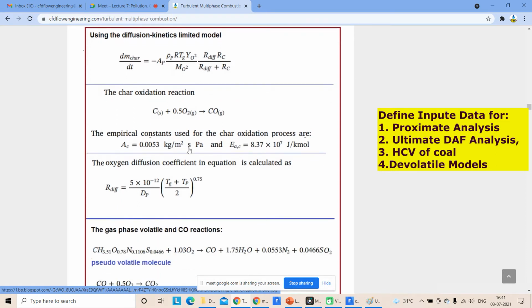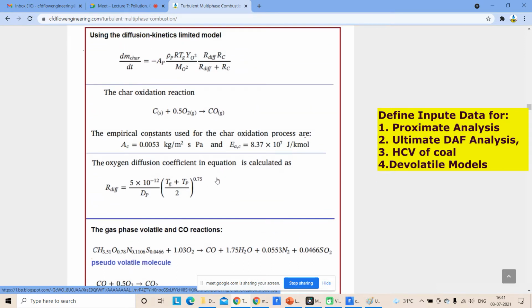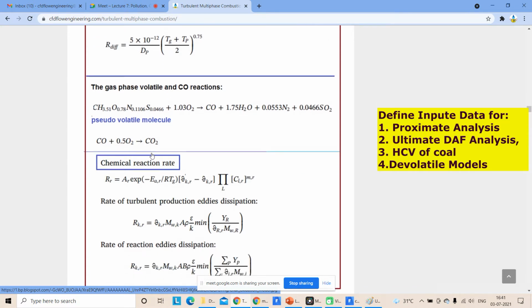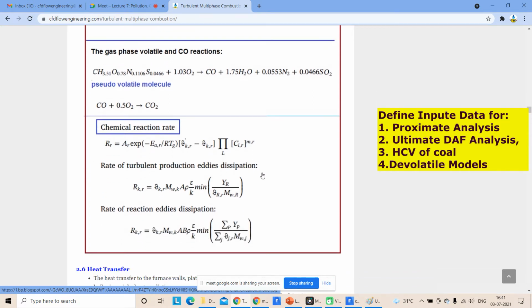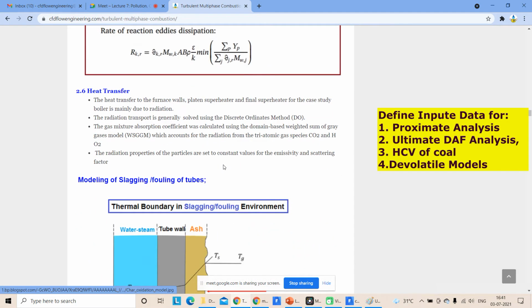The solid carbon reacts with O2 and gives CO. It may contain some activation energy, reaction constant, and oxygen diffusion coefficient, based on the average temperature of the gas and product. Also the gas phase volatile CO reaction is given: CO reacts with half O2 and gives CO2. Then the reaction rate is there, that we can see here.